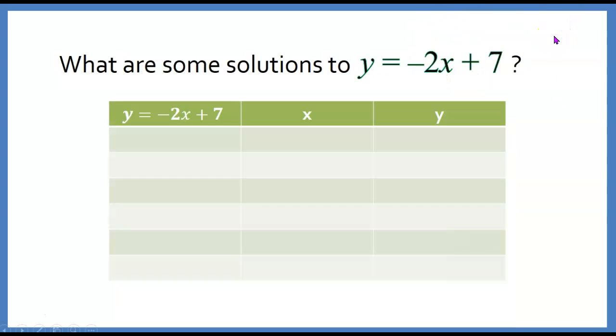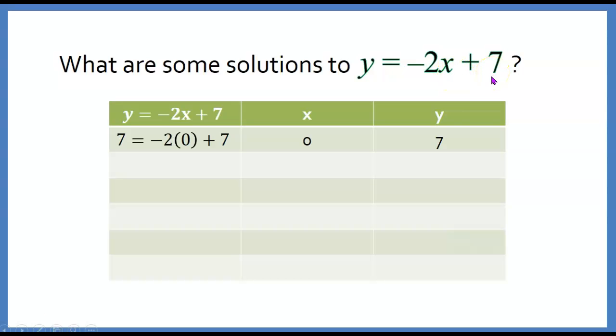Okay, let's try another equation. How about y equals negative 2x plus 7? Let's find some solutions to this one. And the way it's arranged, a good way to find pairs of numbers that work would be to start by putting any number you want in for x, and then seeing what y has to be to go along with it. So if we put 0 in for x, y would have to be negative 2 times 0 plus 7.